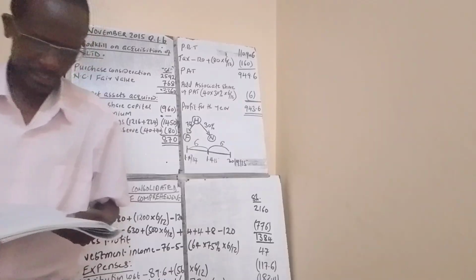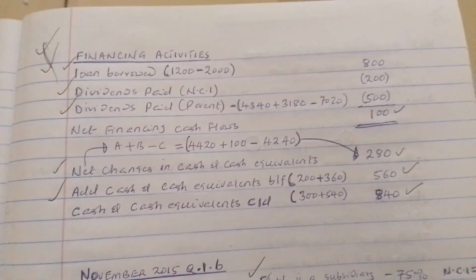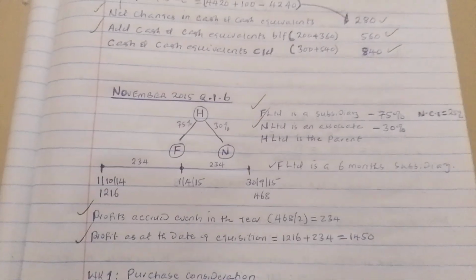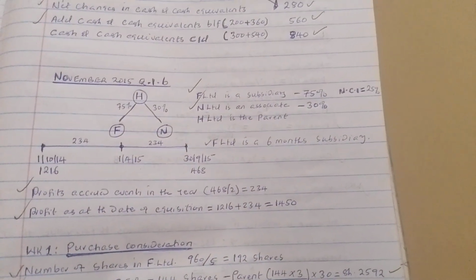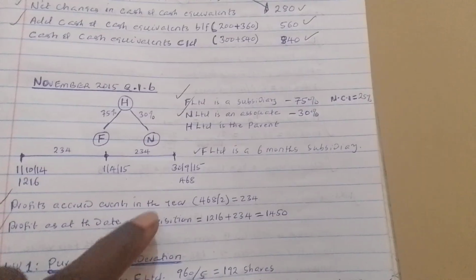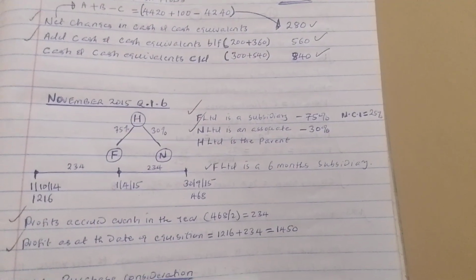Now I project some workings from the other side. Just see these workings there, what we have done. You can be taking notes. I'm talking about this portion here. You can draw this H Limited.